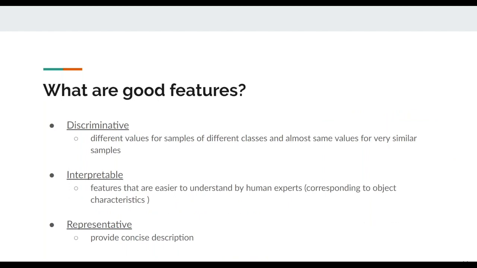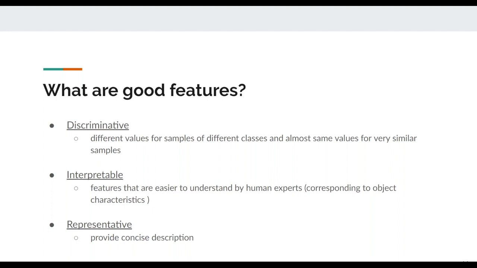So this is what feature selection is about. So what are good features? What would be a good selection? Ideally, we want to have features that are discriminative, interpretable, and representative.